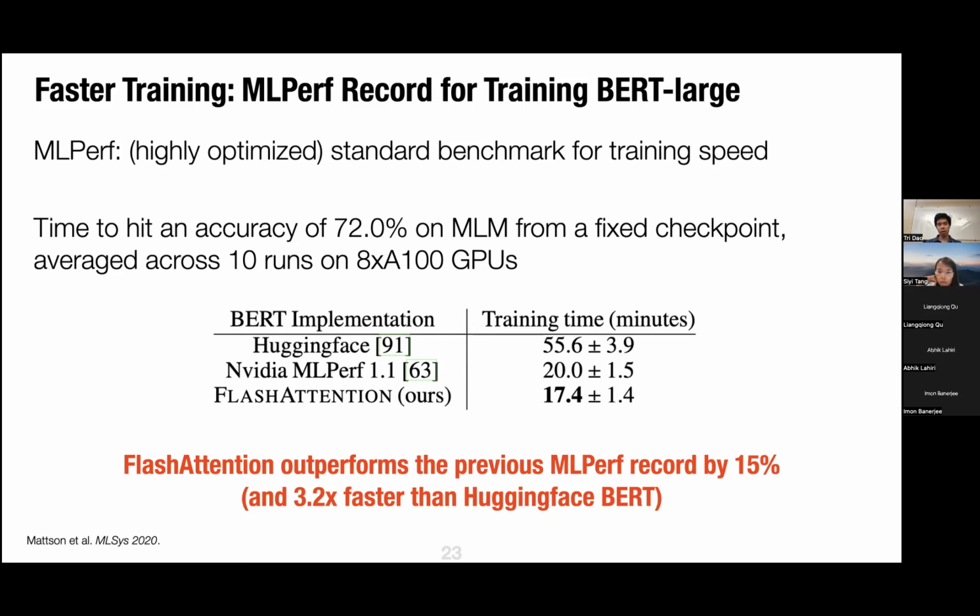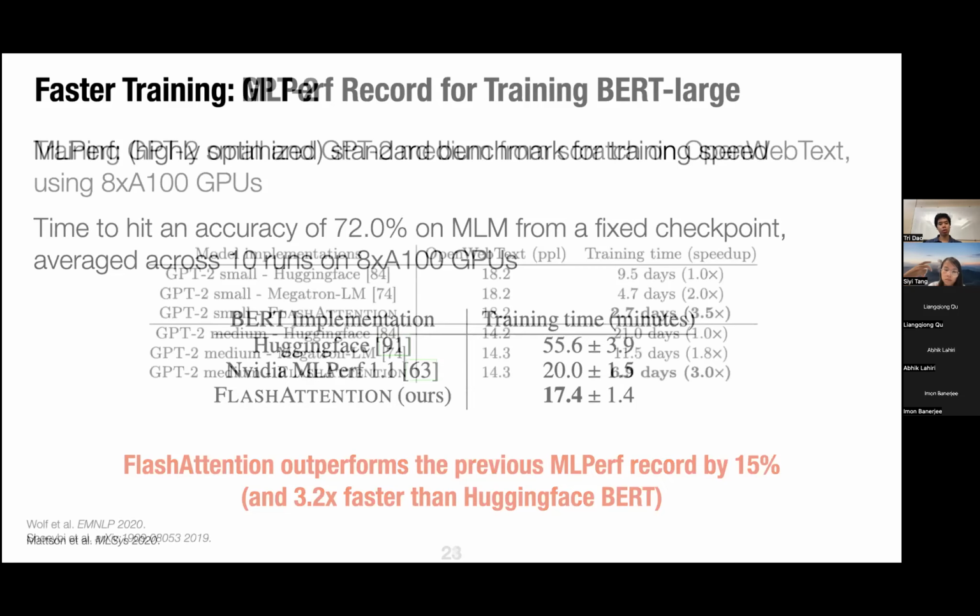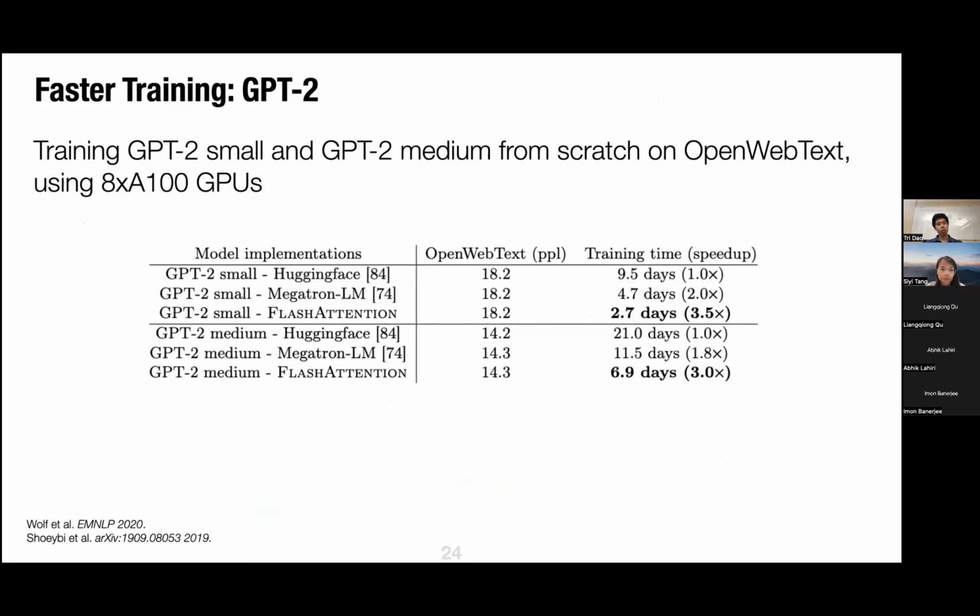The second model we can compare to is GPT-2, and we're training GPT-2 small and medium from scratch on this commonly used data set called OpenWebText. And again, we compare against Hugging Face, which is very commonly used, and we compare against the strongest baseline we could find, which is Megatron-LM. Again, an implementation from NVIDIA that's been used to train some of the largest language models.